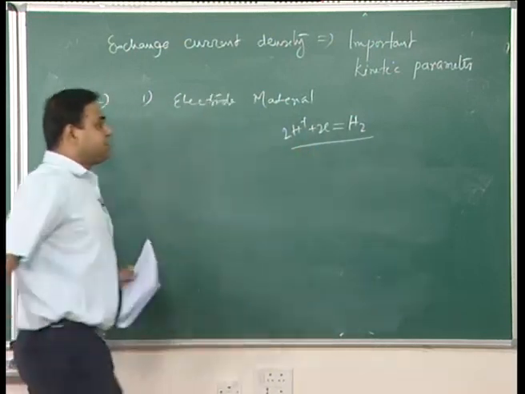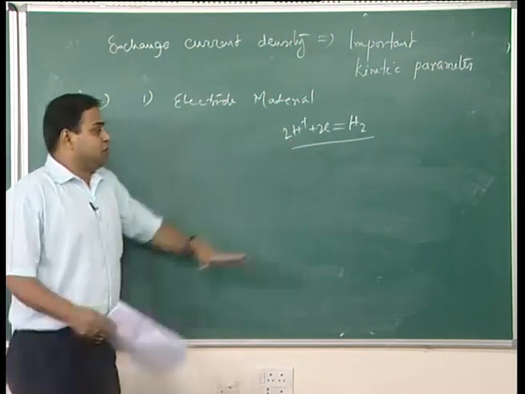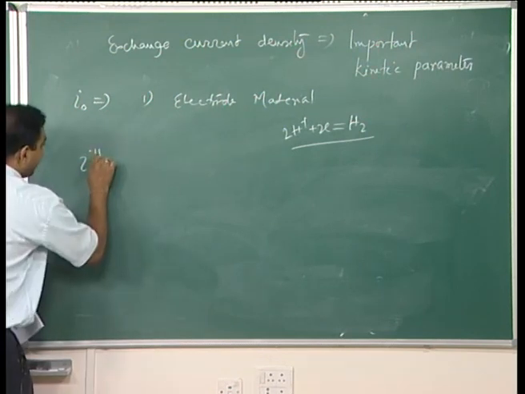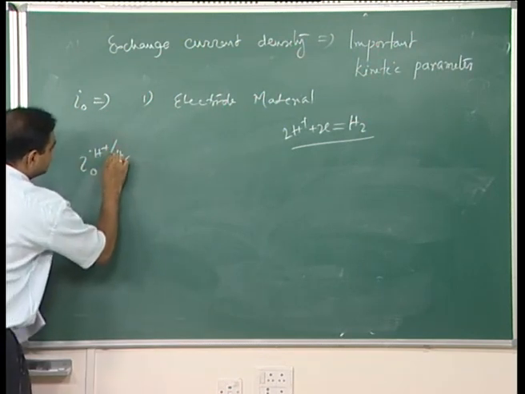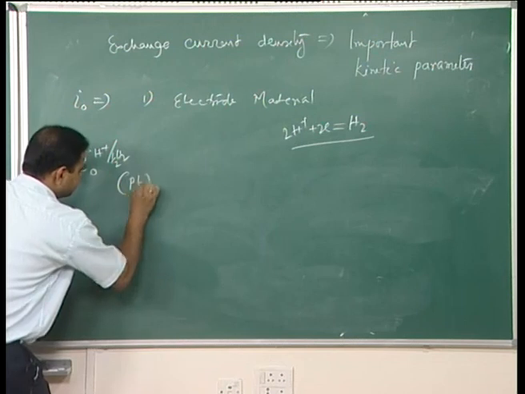For this reaction, if you would like to consider what would be the value on a platinum surface or on a zinc surface, you will see the I0 value of this reaction. So, we write it like this: I0 for H plus H2, the I0 of this reaction on the platinum surface.